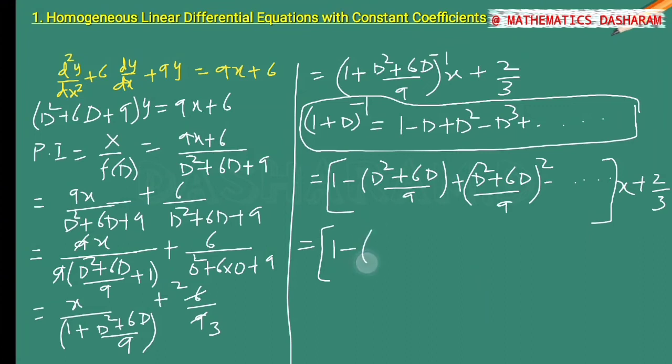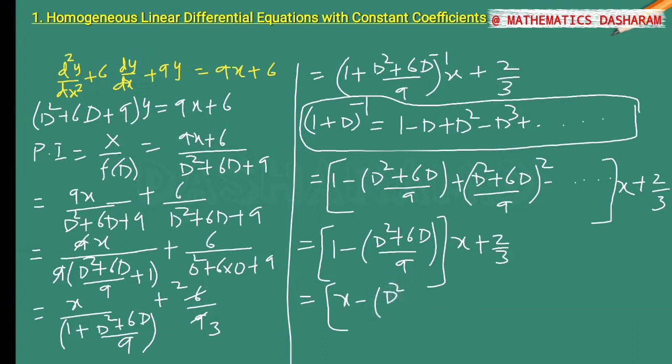So here only D square plus 6D by 9, because if we take the whole square, D square is already the highest derivative and the whole square becomes D to the power of 4, and definitely we will get 0. So plus 2 by 3, so it is equal to x multiplying inside: D square into x plus 6D into x by 9 plus 2 by 3.